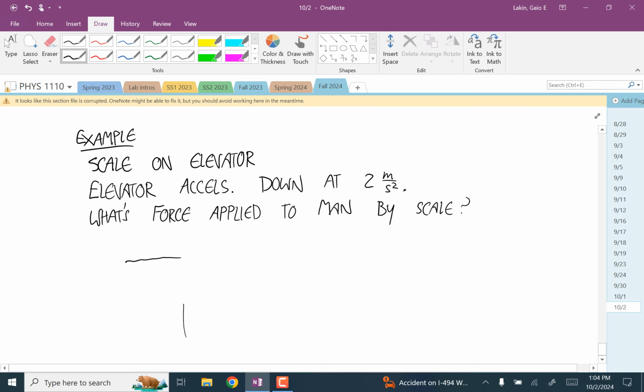Okay, so here's what's going on. So here's the elevator. And the scale is on the elevator. And then here's the man. I like his outfit. And the elevator is accelerating down at 2 meters per second squared.